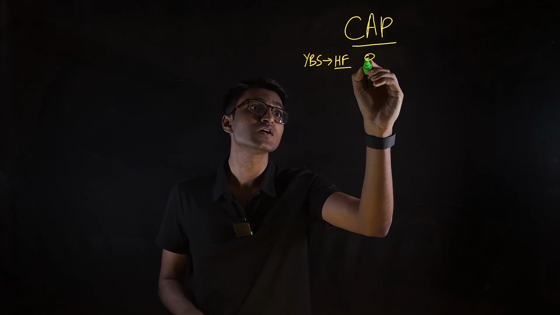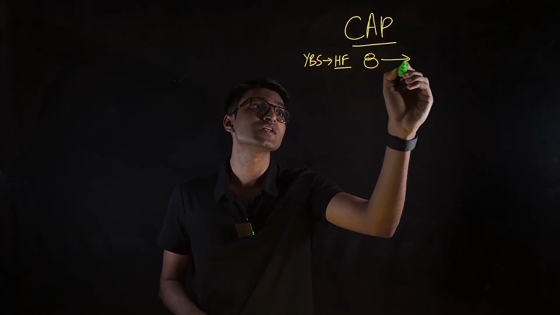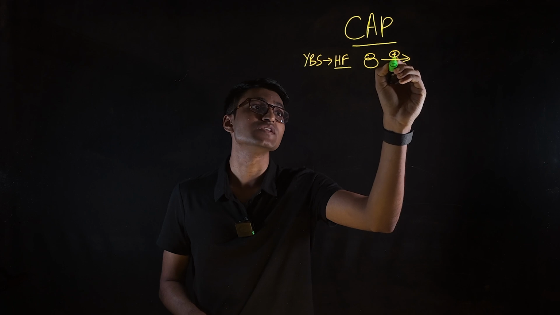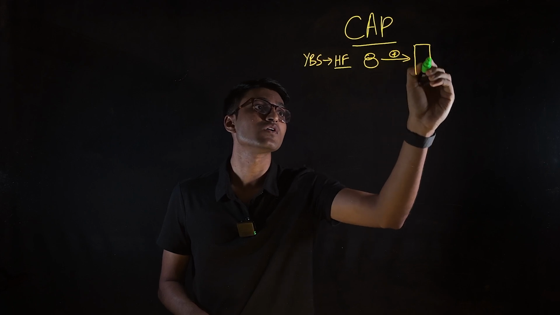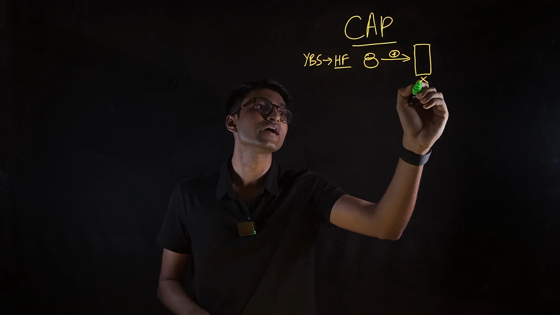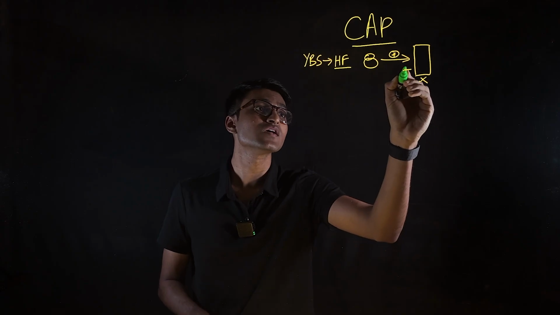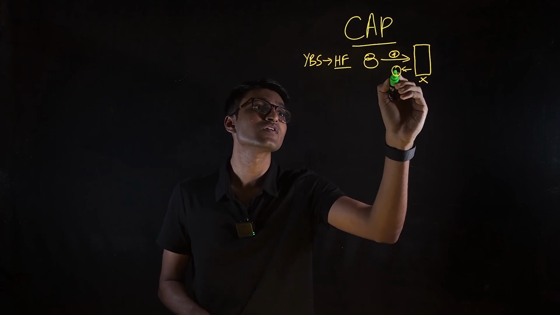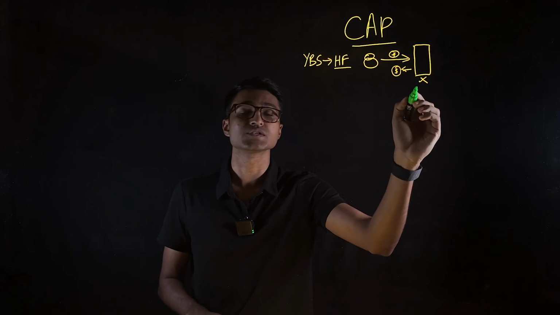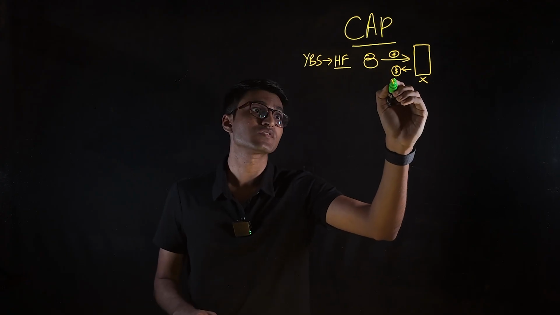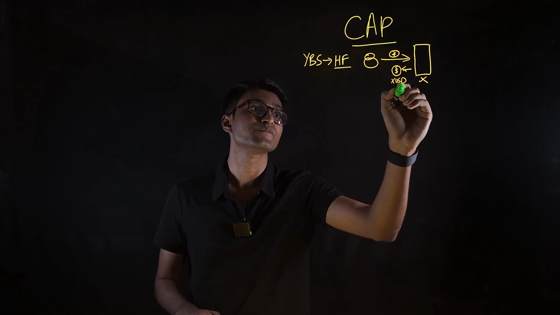You as a user would deposit USDC or USDT into this protocol. Let's call this protocol X. And in return, you'd receive this protocol's stablecoin, which is xUSD.